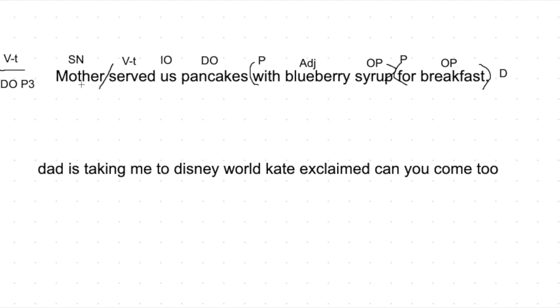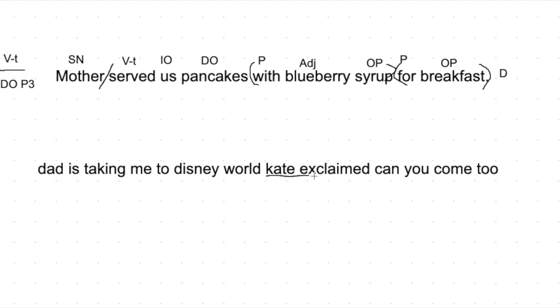For our next sentence, you need to write this down and you need to fix all of the errors. It does have quotations in it. All right, I'm going to do it with you. I hope you tried to do it on your own. It says, Dad is taking me to Disney World, Kate exclaimed. Can you come too? Okay, let's start by underlining our explanatory words.